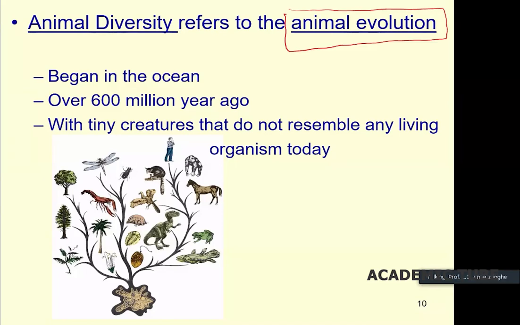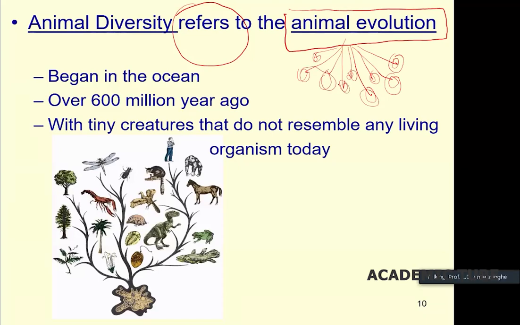It is not animal evolution, it refers to animal diversity referring to animal evolution. While animal evolution only produces different types of animals on the earth, different shapes, different types, different sizes, like this. So the animal diversity exists since there was an evolution.